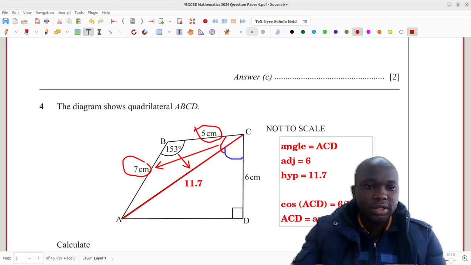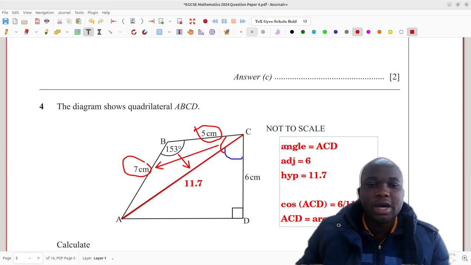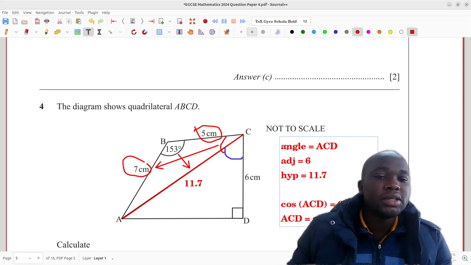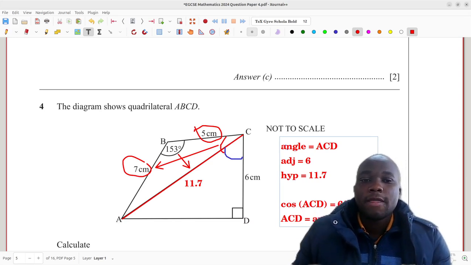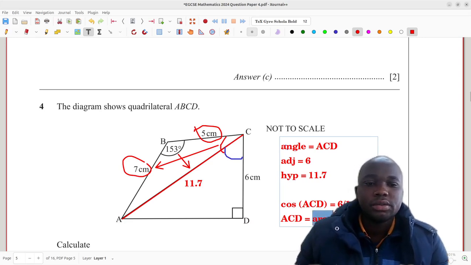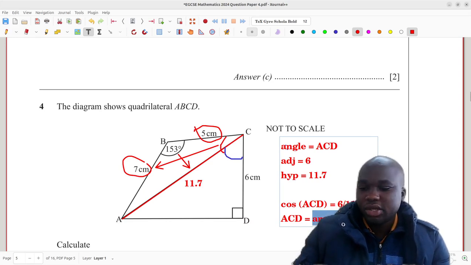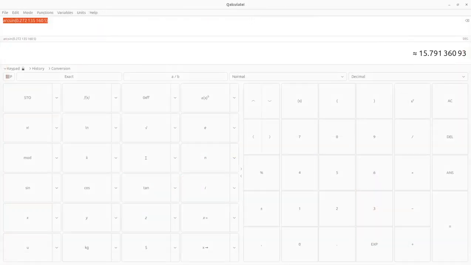I know some of you are not familiar with the terms arc cos, arc sine, arc tan. It's actually the inverse function of that ratio, and it's normally written as cos with the power negative 1. So let's put this one in a calculator. Let's go to our calculator here and put that.